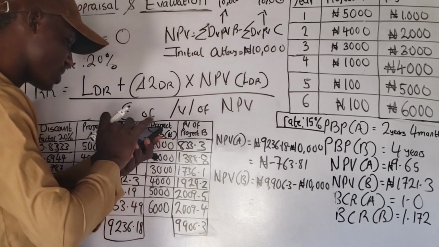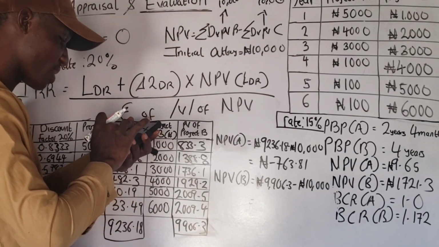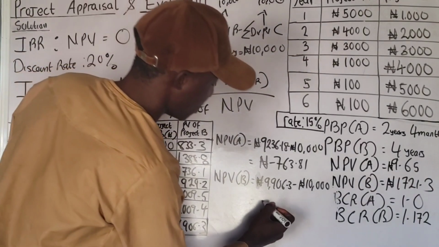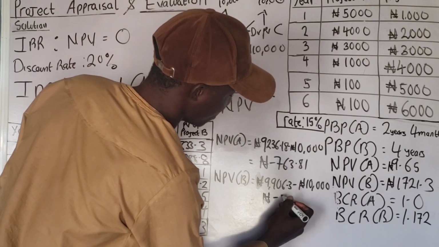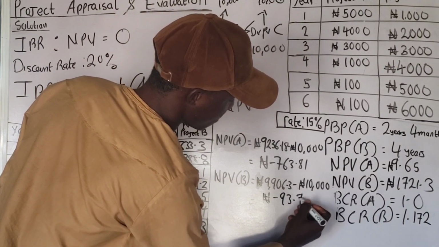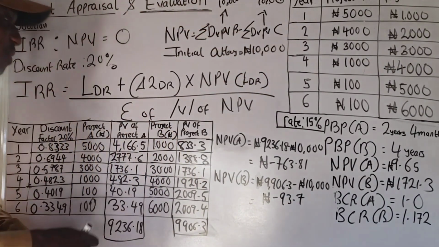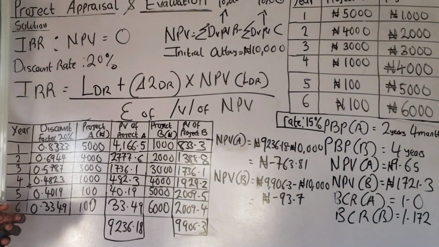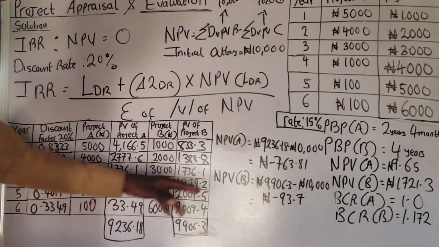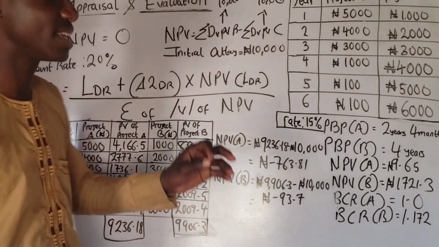So if you take the difference, let me calculate. That will be negative 93.7. You understand? Okay. So you've seen now the discount rate at 20% gives us negative NPV for both project A and B.